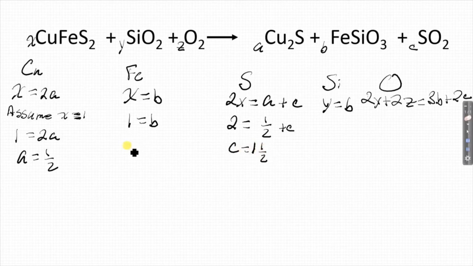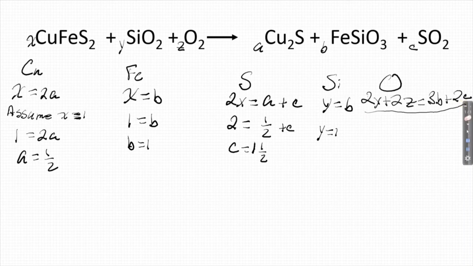And we can be consistent. We can say B equals 1. Here we have Y equals B, so now we know Y equals 1 because we know that B is equal to 1.